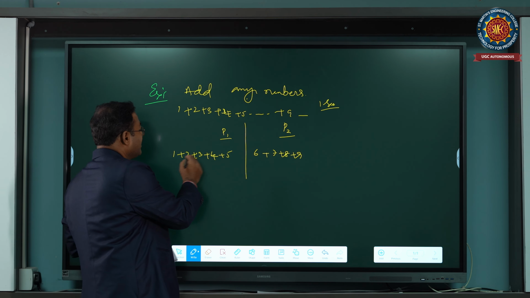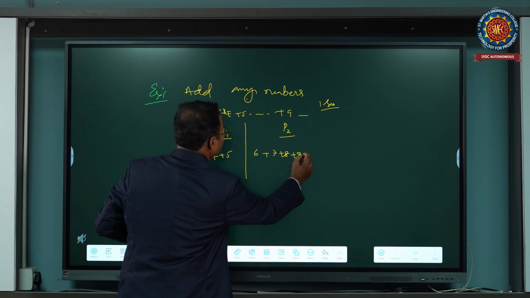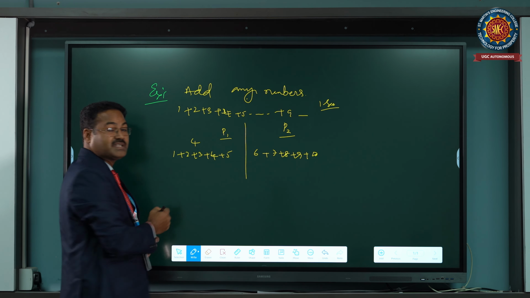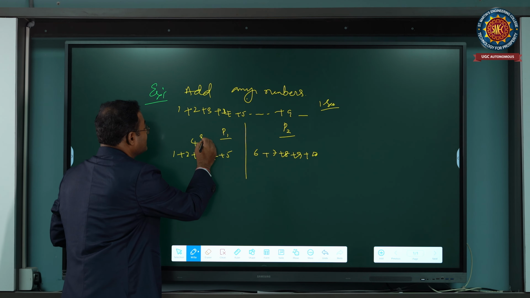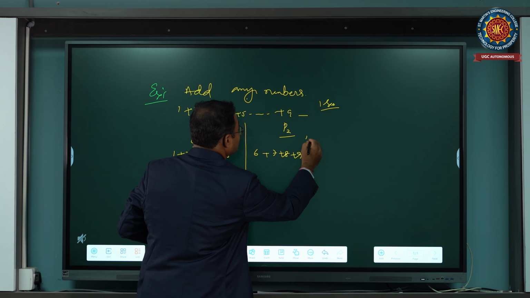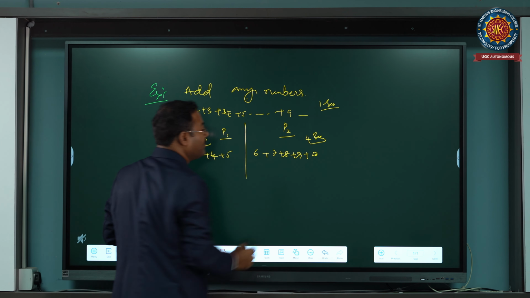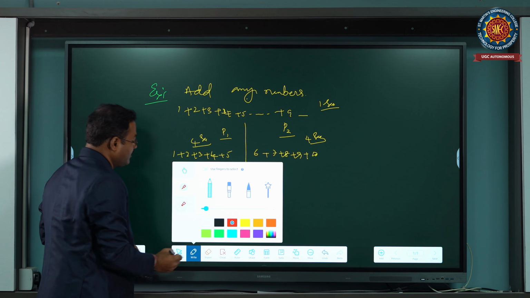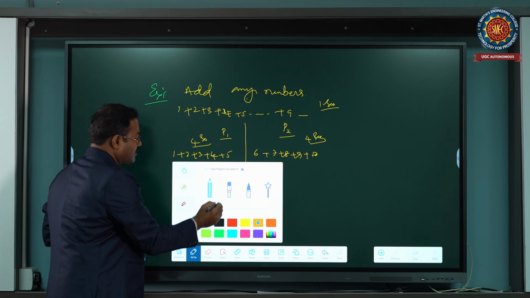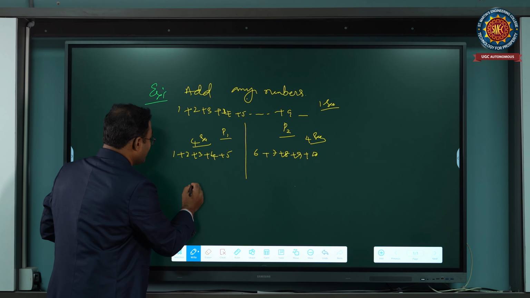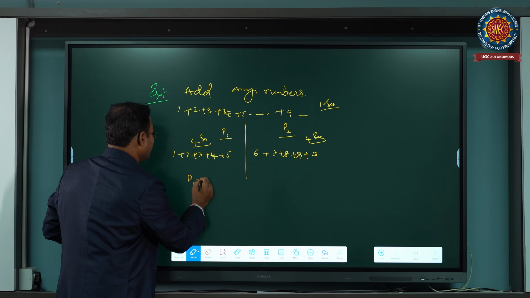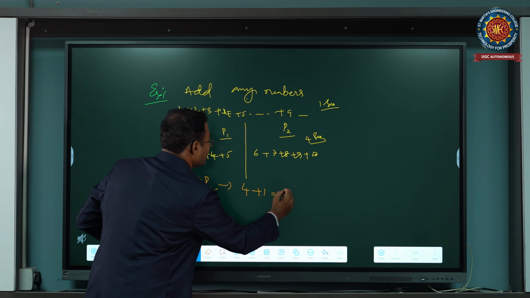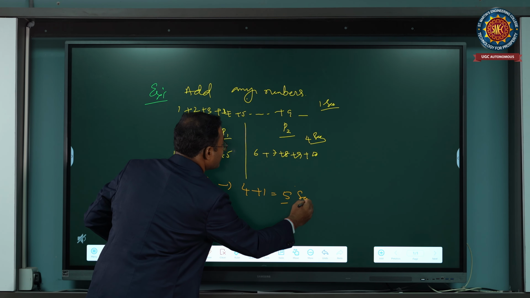Here it will take 4 seconds, as 4 operations are there, and the other also takes 4 seconds. Then combining P1 plus P2 takes 1 more second, so 4 plus 1, it will take 5 seconds in total.